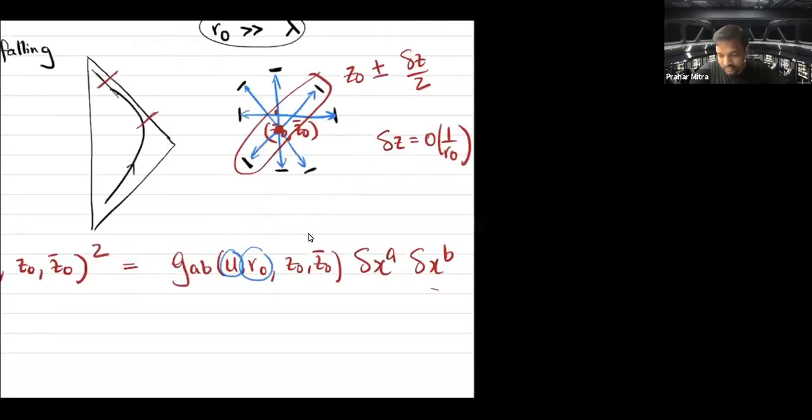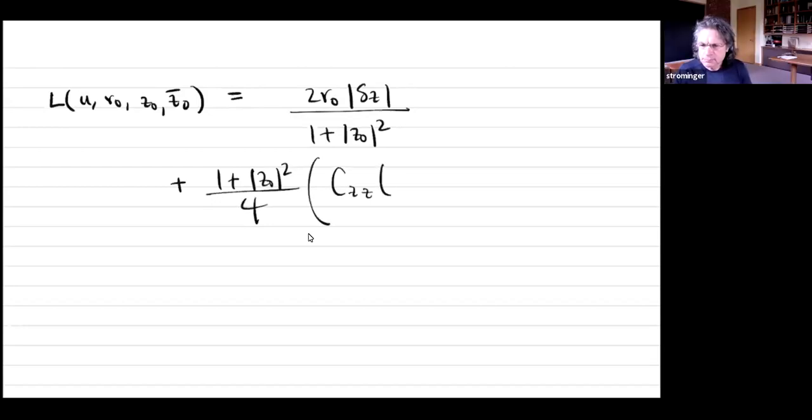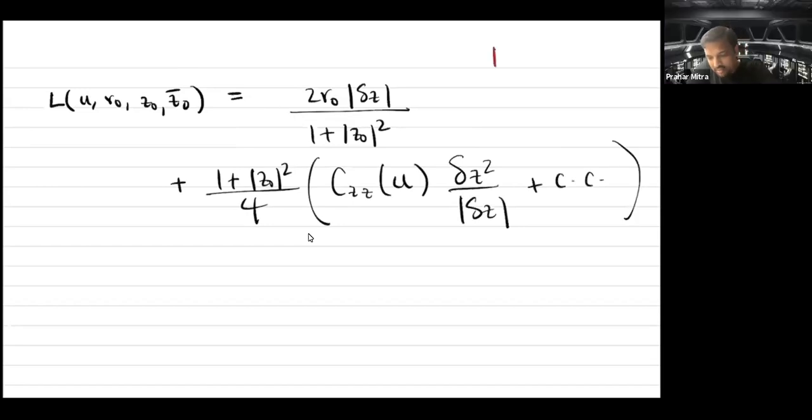What we find is that the distance between the mirrors as measured by such an observer is given by 2 R naught. And remember, I'm taking delta Z to be order 1 over R naught.